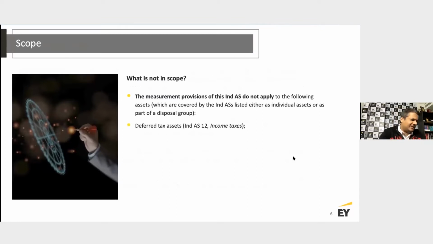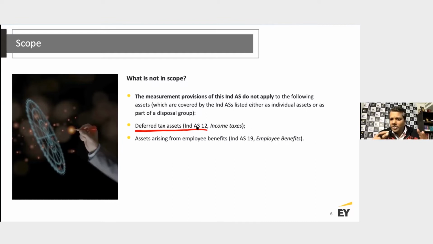Deferred tax asset, which is covered by Ind AS 12. How do you measure deferred tax asset under Ind AS 12? You look at probability, which is defined as more likely than not, whether an asset is likely to be realized or not. That's a probable approach. You don't look at fair value less cost to sell. You look at the probable approach, and hence you're going to get guided by that standard.